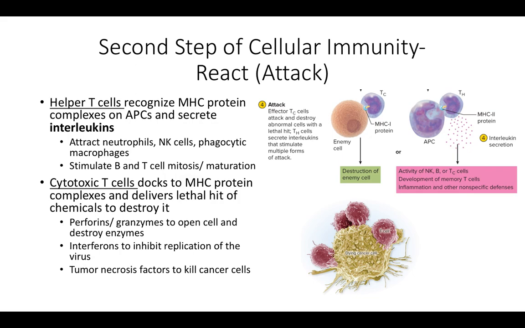That lethal hit of chemicals could be in the form of porphyrins and granzymes, which we talked about in innate immunity. If you remember, they're little proteins that drill a hole in the side of the cell, and then it releases these granzymes to penetrate the cell and destroy all of the enzymes inside of the cell. So that's one way that the cell can die.